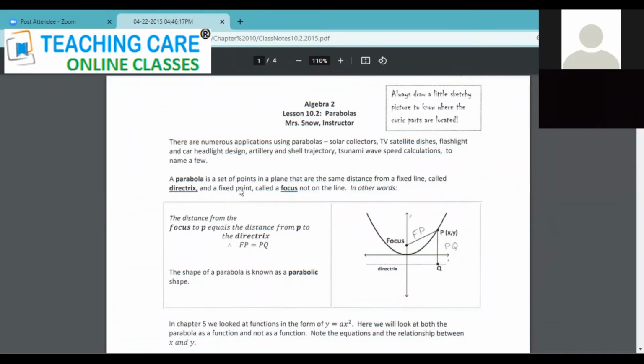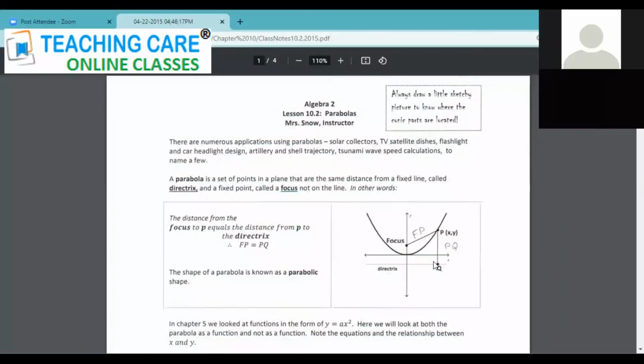And the fixed point called the focus, not on the line. This focus will not be on the line. So in other words, the distance from the focus to P will be equal to the distance from P to the directrix, that is FP will be equal to PQ. Understood? The shape of the parabola, you call it the parabolic shape.